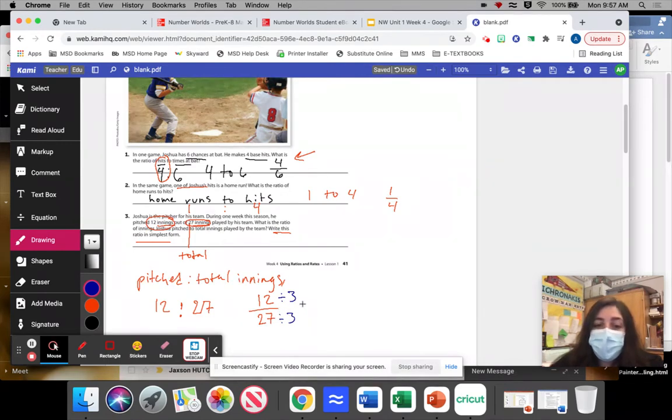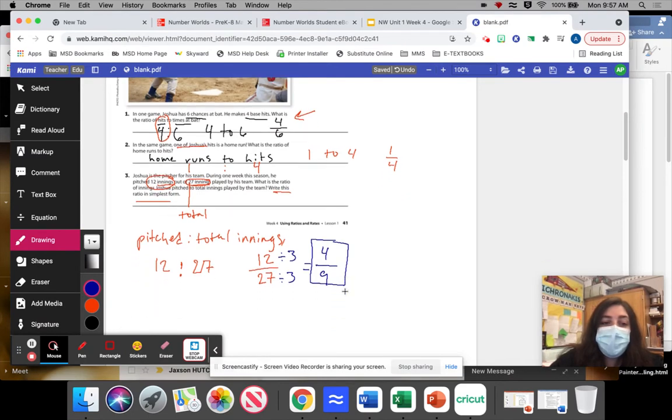Okay, that means we could multiply 3 to get the answer 12 or the answer 27. So if I divide 12 by 3, I'm going to get 4. And if I divide 27 by 3, I'm going to get 9. So 4/9 is your answer, and it is the most simplified version that you could get of this.